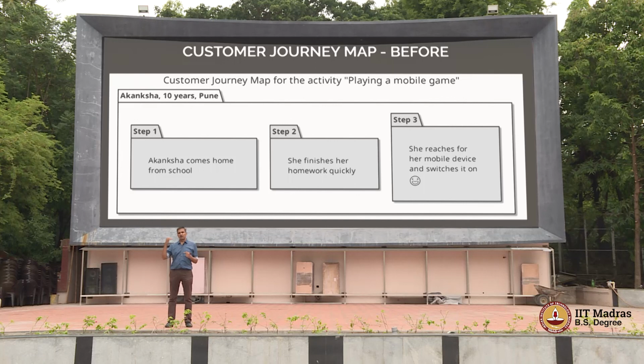What are the steps that they are doing? From your left to right, Akanksha comes back from school, she switches on her mobile phone. That's how we build up the story. You can see those steps in the graphic and read it for yourself.